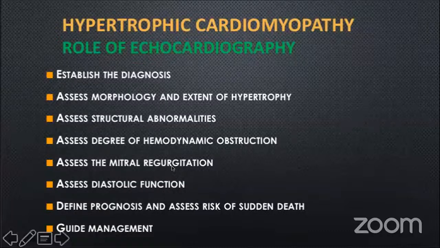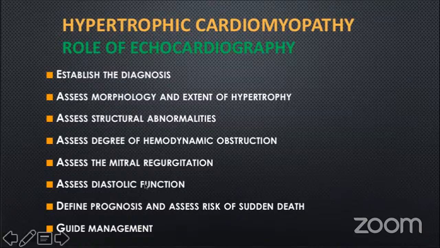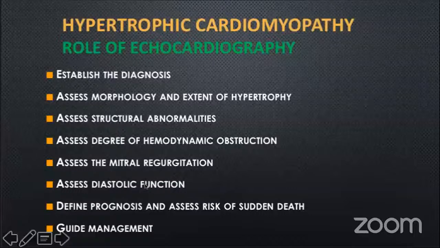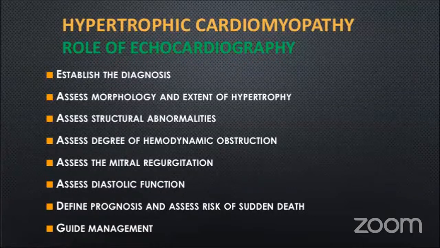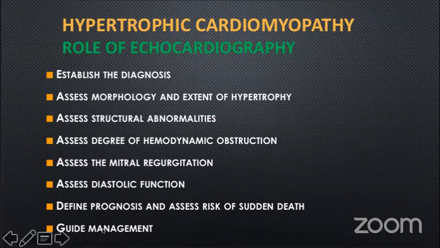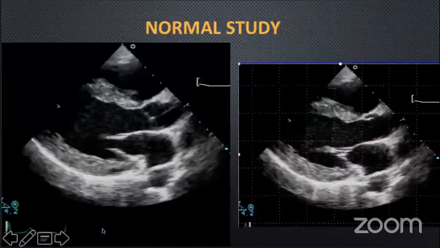We can assess the severity of the mitral regurgitation and time it. We can also assess diastolic function, because these are stiff ventricles that contract normally, but their relaxation is very abnormal, giving us diastolic dysfunction. And of course, we can define prognosis and guide the management.